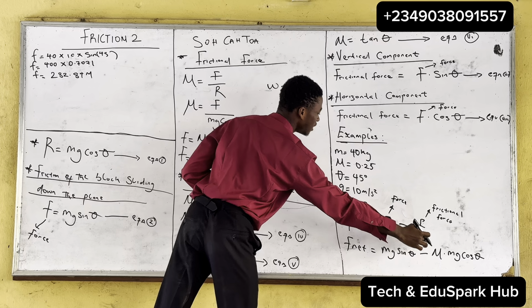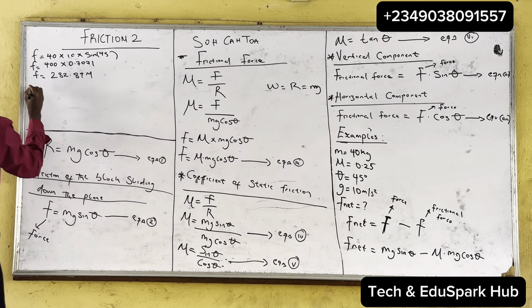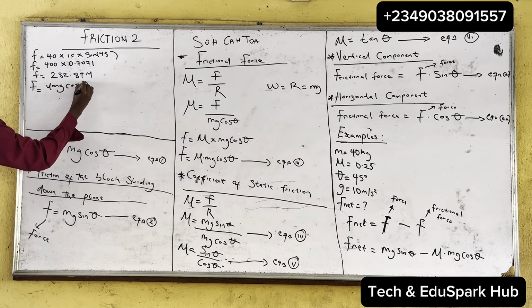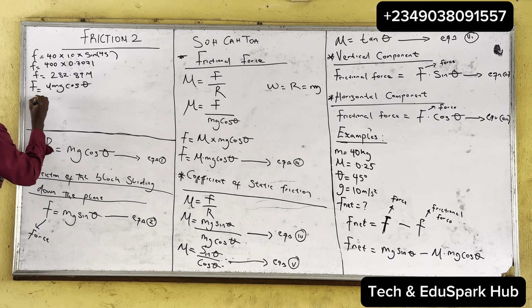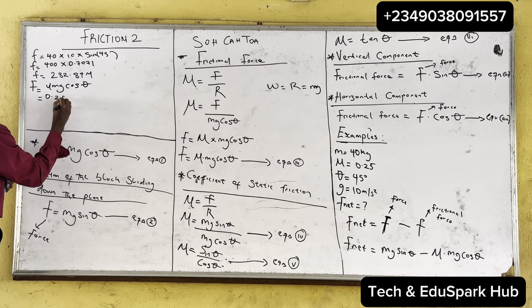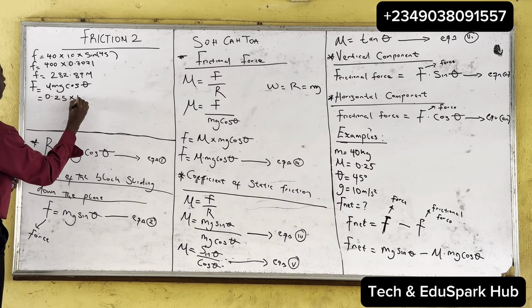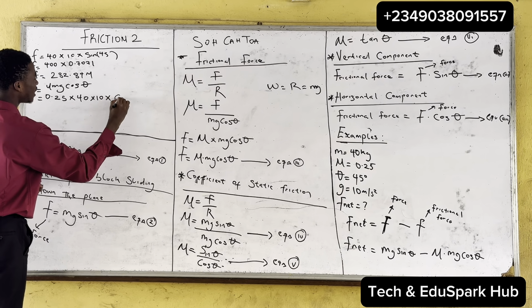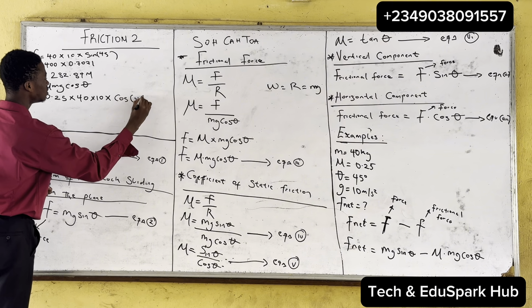So now that we have gotten our small f, we can then get our big F, which is the frictional force, given as mu mg cos theta. So our frictional force will be given as, what is our mu? Our mu is given as 0.25 multiplied by our mg, which is 40 times 10, and we multiply this by the cos theta that we were given, which is cos 45 degrees.